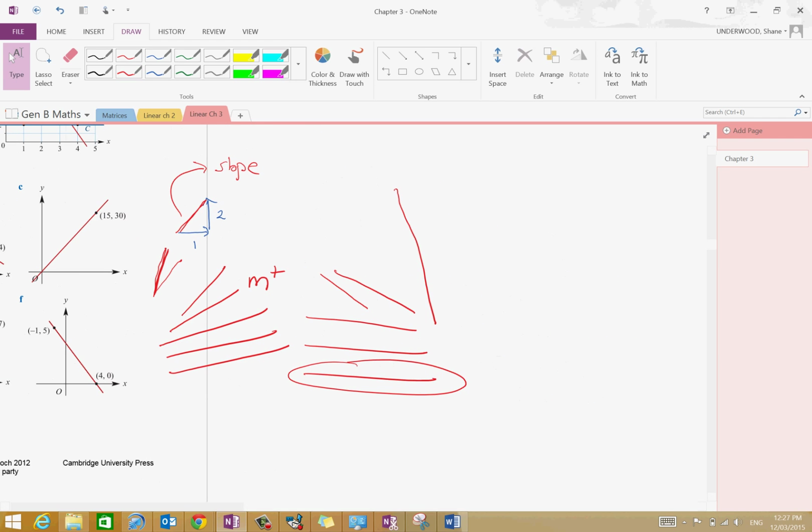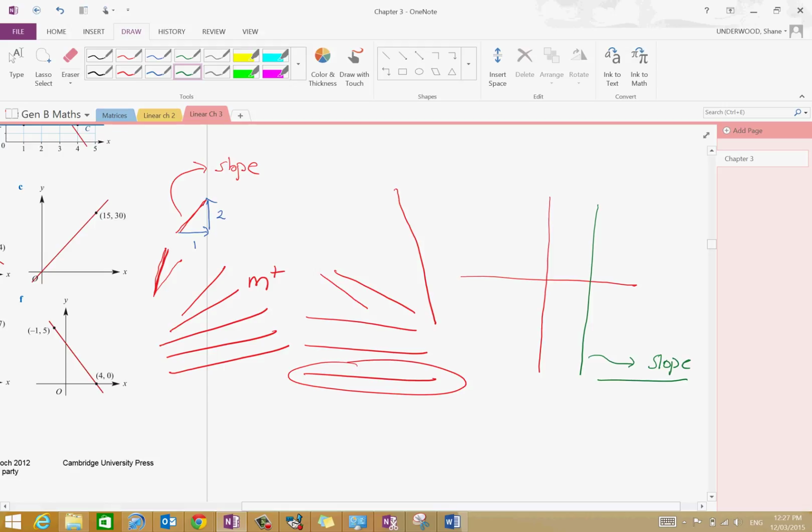Can I ask you though, what is the gradient of a vertical line? What is the slope? It's undefined. Can someone please put their hand up and tell me why it's undefined? There's no slope.